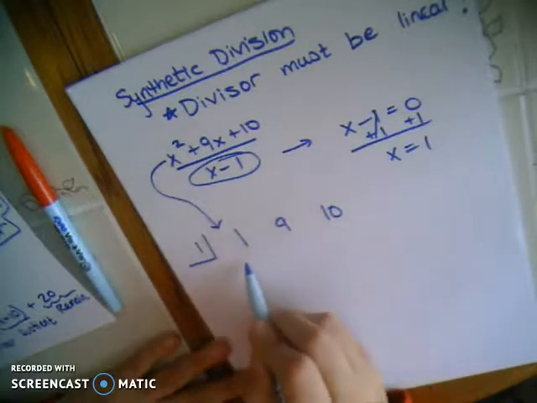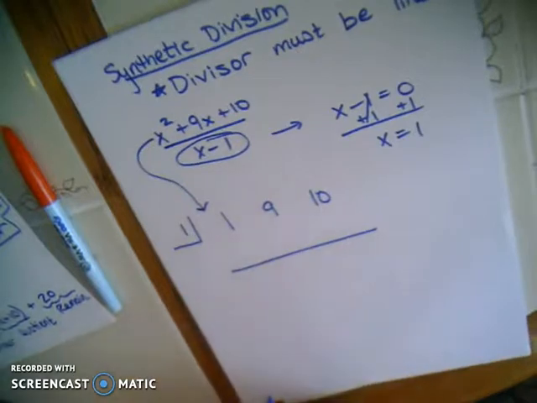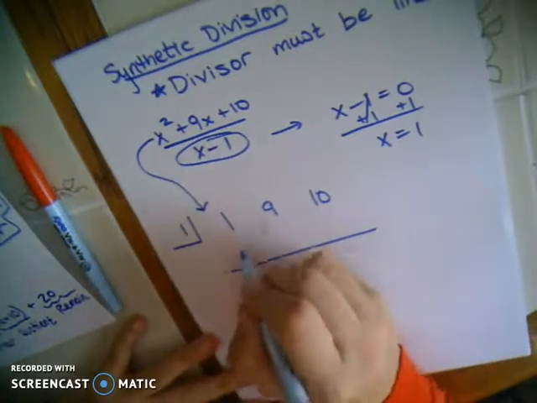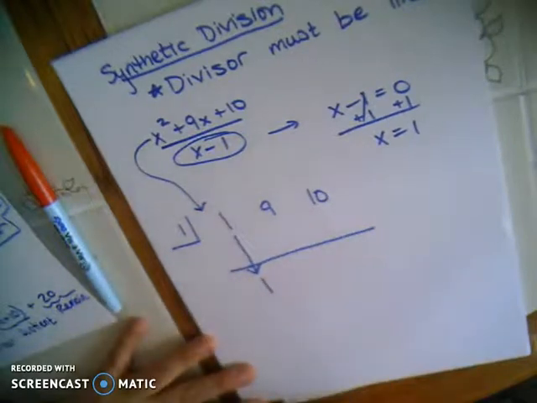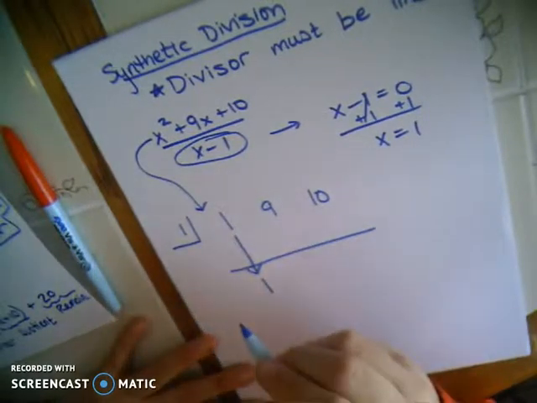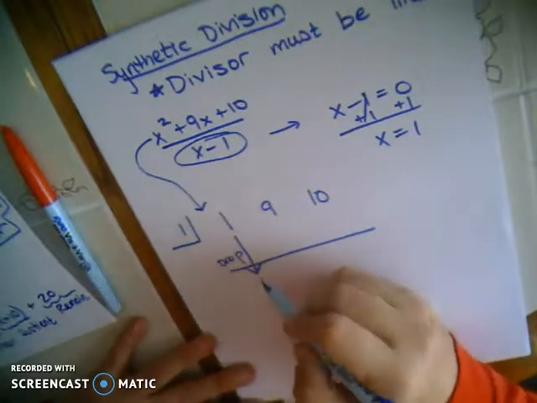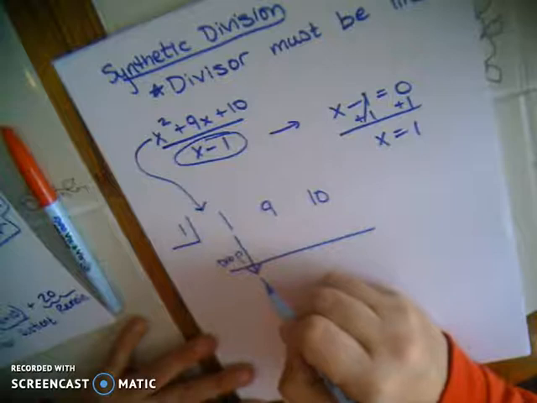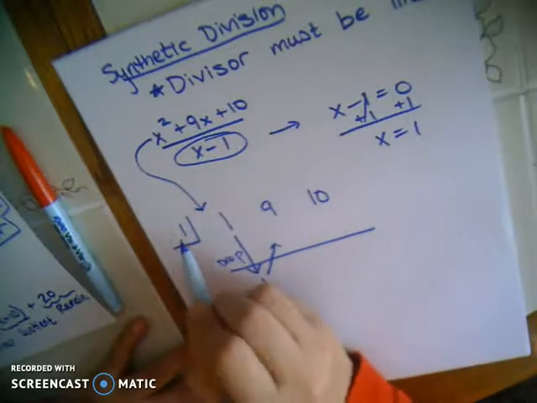And I'm going to leave some space because we're going to write something else here, but then I'm going to do a line. With synthetic division, the first number just automatically drops below the line. You don't do anything to it. After that, though, we're going to take any number below the line and multiply it by the number in the box.